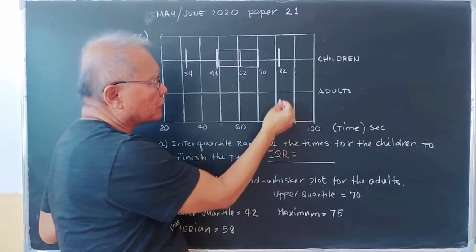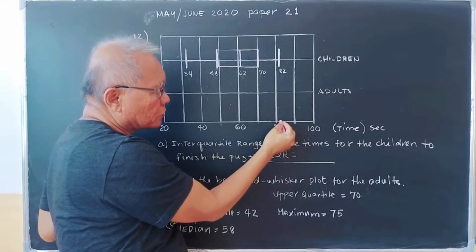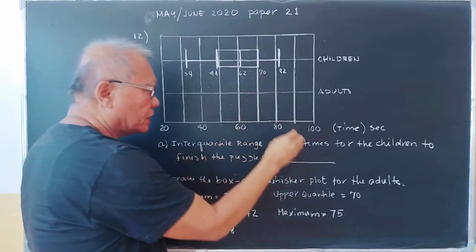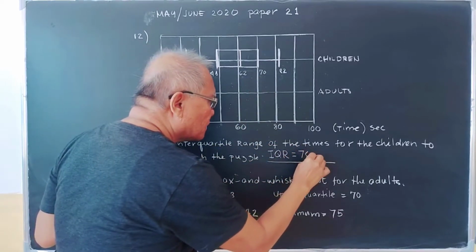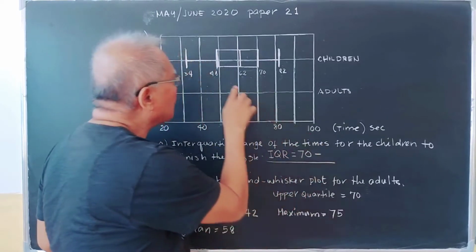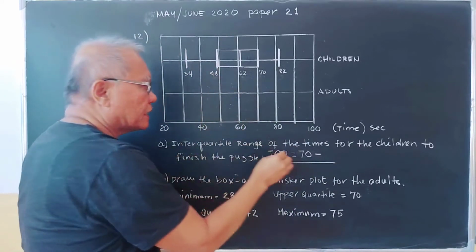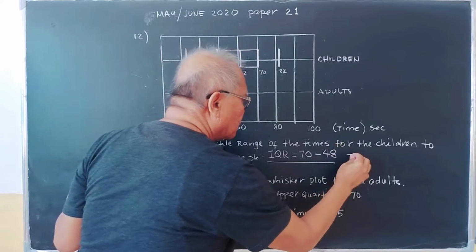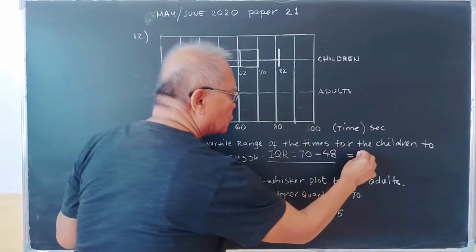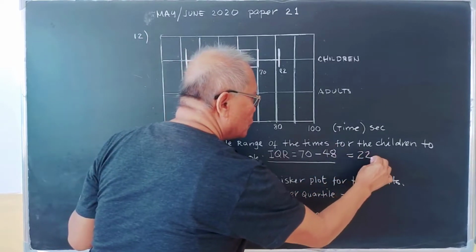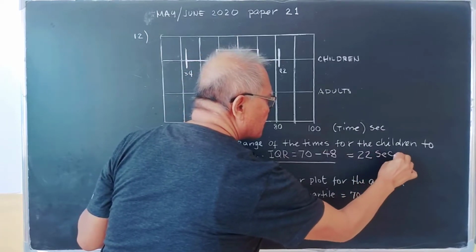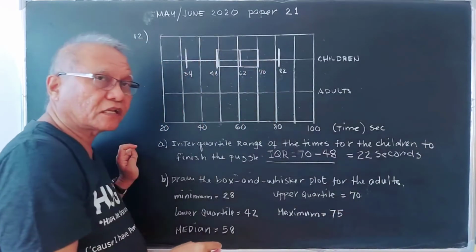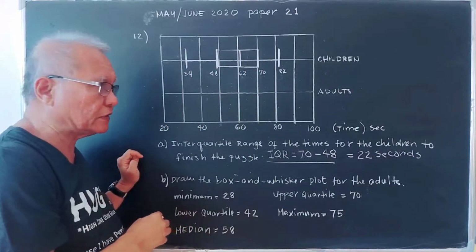Make sure you know how to read this one. That would be equal to 22 seconds. That's the interquartile range for the children.